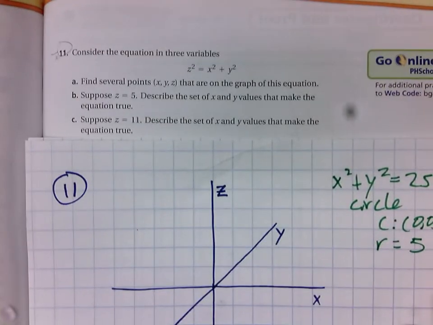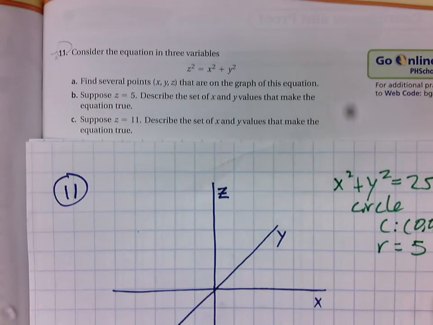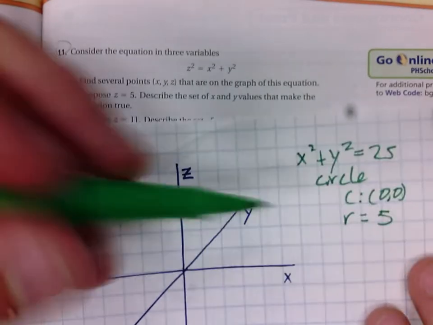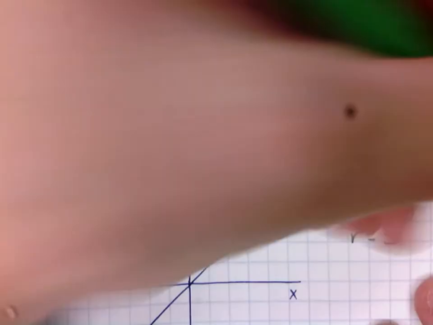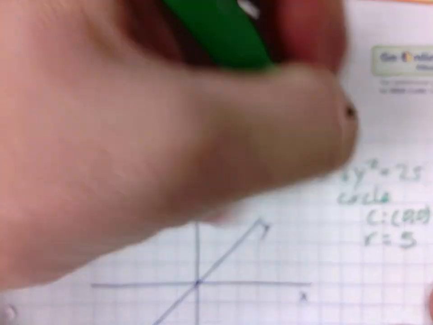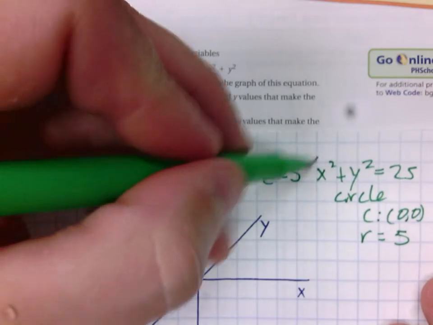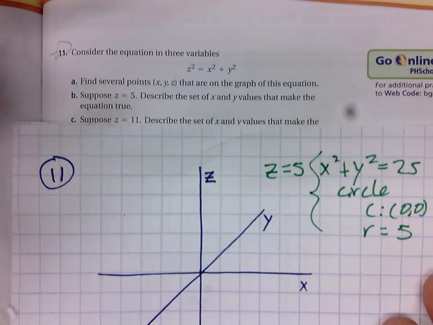Here's the cool thing. You can actually take a look and think of this in 3D coordinates. This was the case where z equals 5, okay? So this whole thing was when z equals 5.